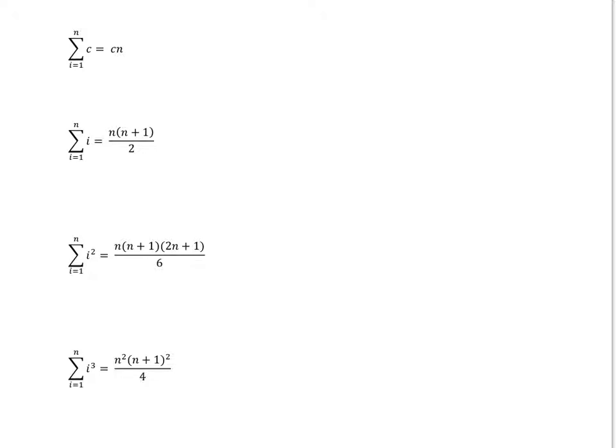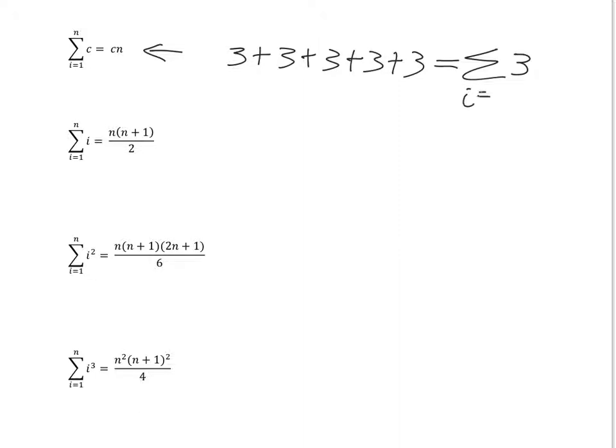Now I'm not going to explain where all of them come from, but let's take a look at this top one. This is simply the definition of multiplication. If we have, say, 3 plus 3 plus 3 plus 3 plus 3, in technical terms, that would be the summation of 3, i goes from 1 up to 5.